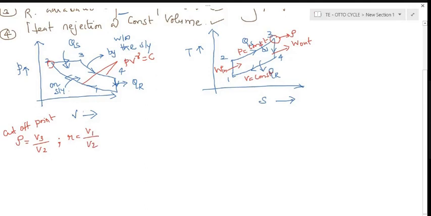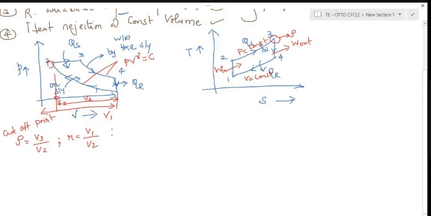Here this is V2, the whole thing is V1. V1 is the total cylinder volume, and V2 is this position, the clearance volume.